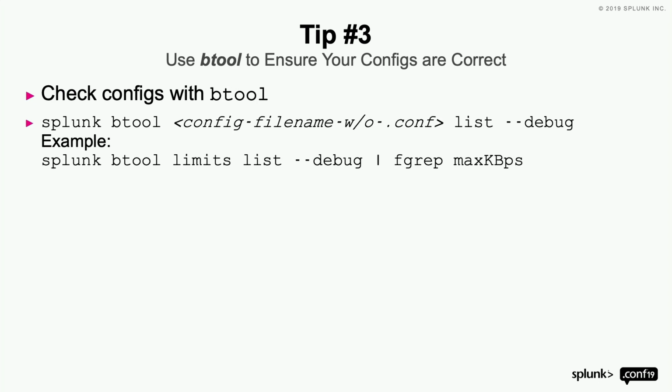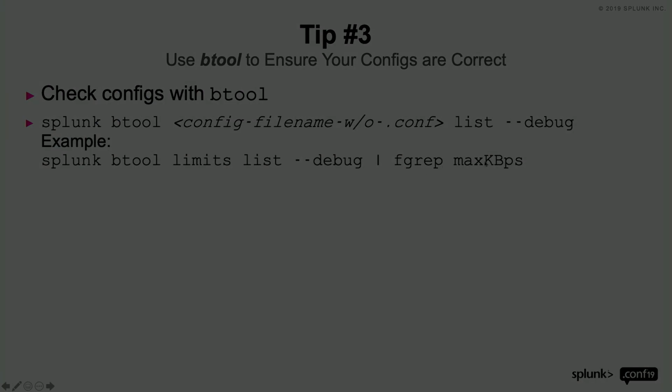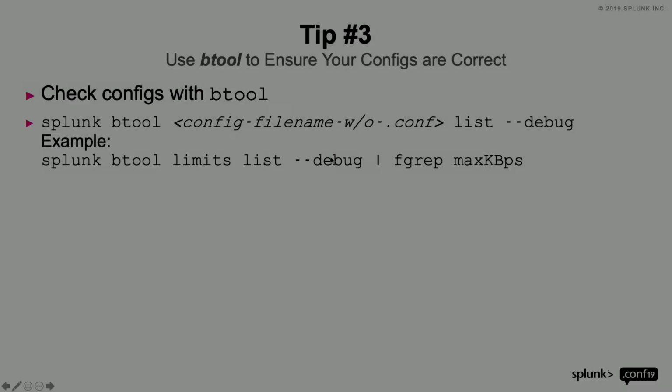If you do the btool on some particular parameter, like the max kbps, you can find out which file Splunk is going to use that gives you that actual max kbps, because the --debug will tell you the file.